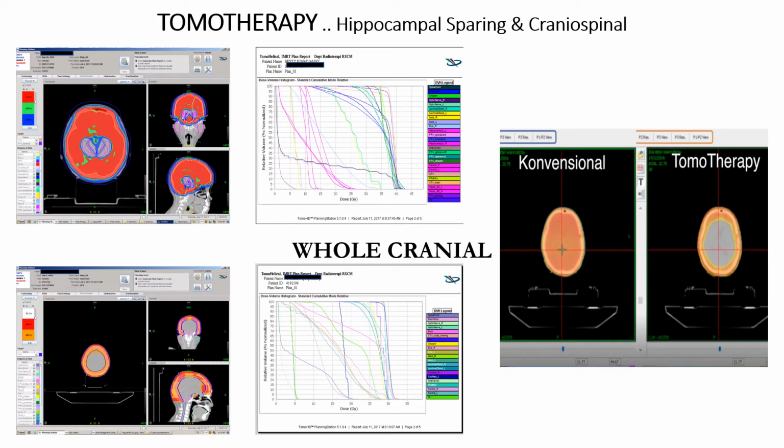The image below is another example showing that we can do whole cranial irradiation, for example, in cranial metastasis cases, and we can avoid giving a high radiation dose to the brain tissue inside.